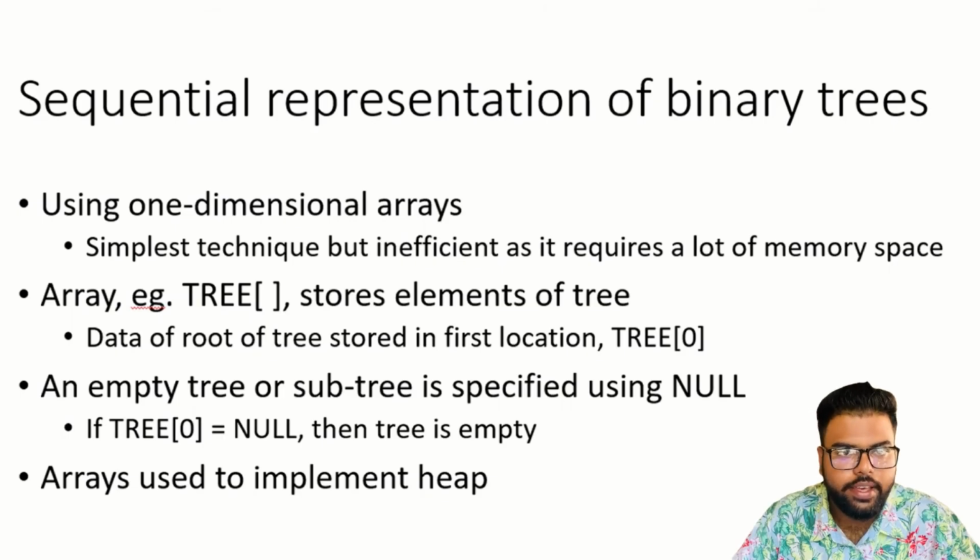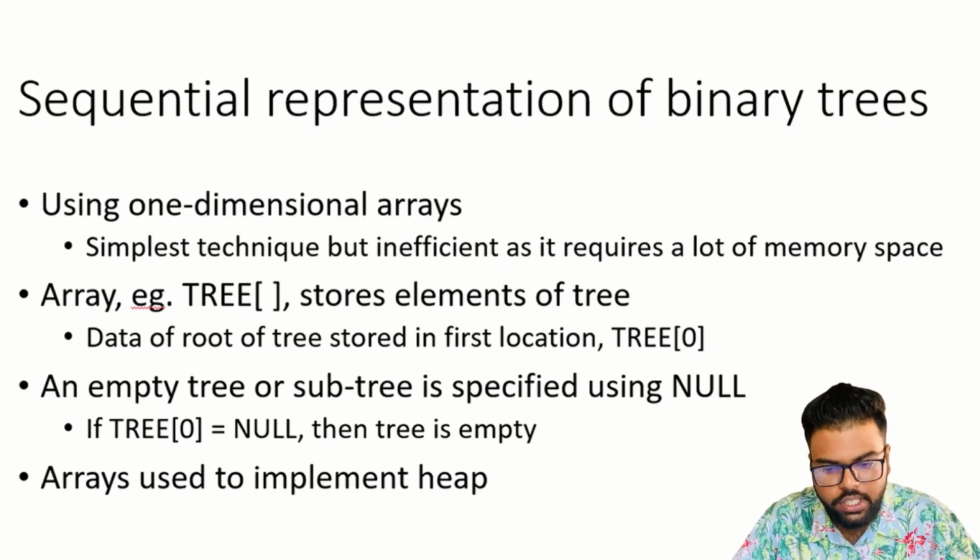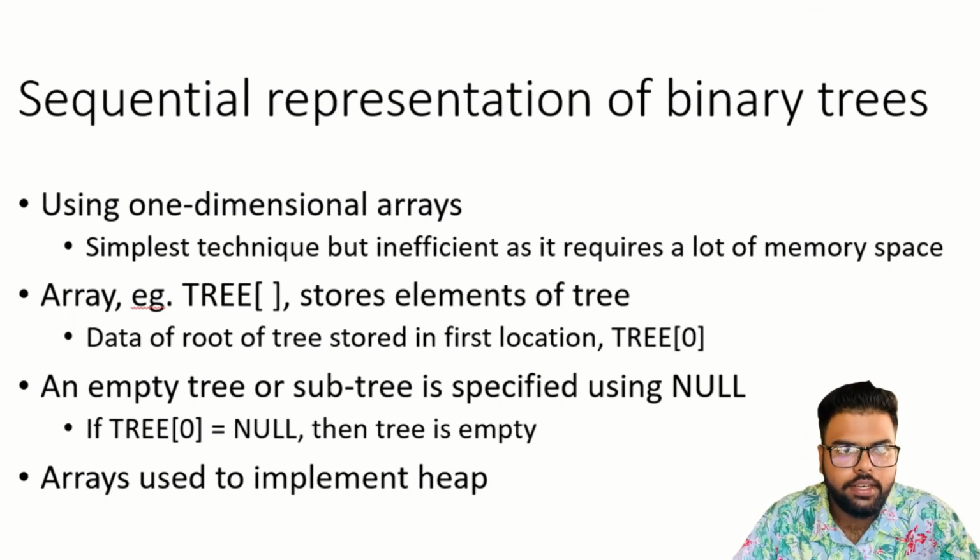It means the array has indexes, and the root is not always stored in index 0. An empty tree or subtree is specified using null. If tree[0] equals null, then the tree is empty. It means if the array's 0 index is null, the whole tree is empty.